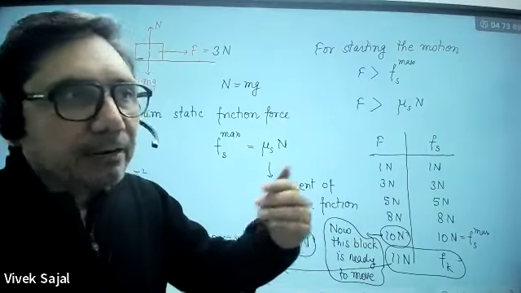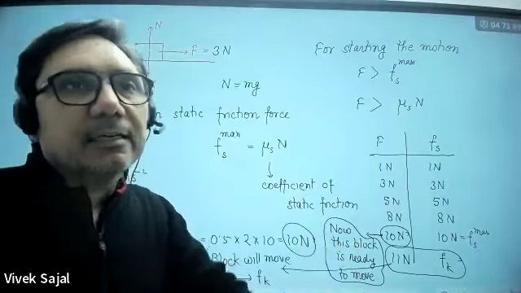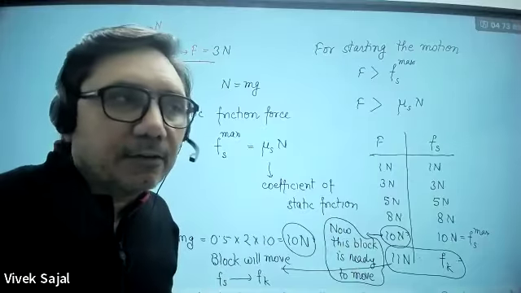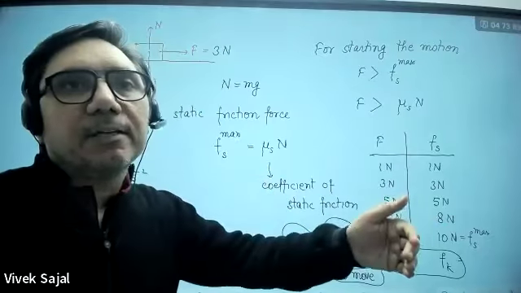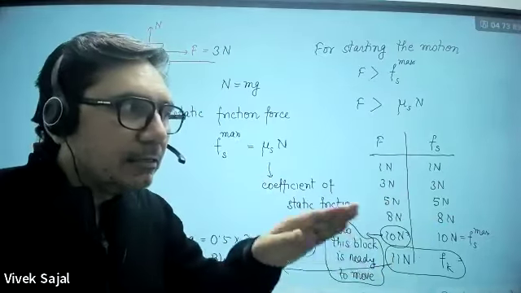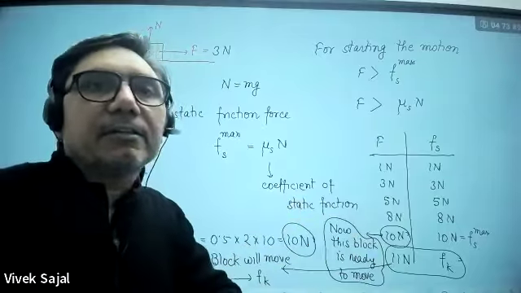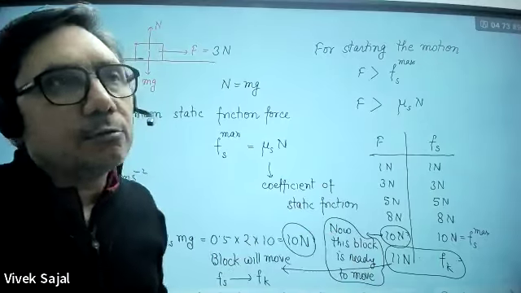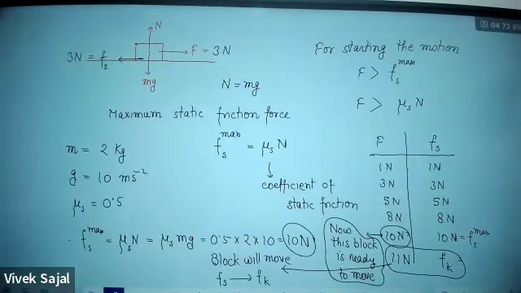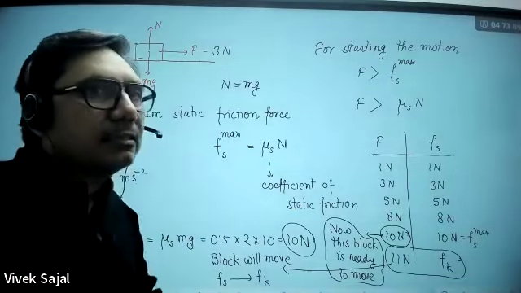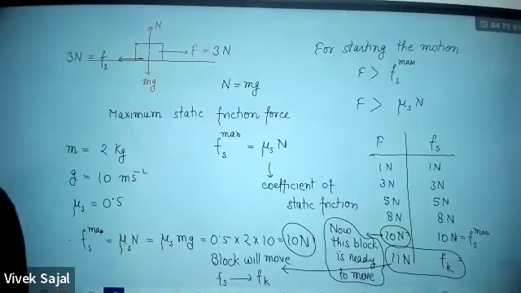But if the applied force becomes greater than this maximum value of static friction force, then the block will start moving, and the static friction force will convert into kinetic friction force.